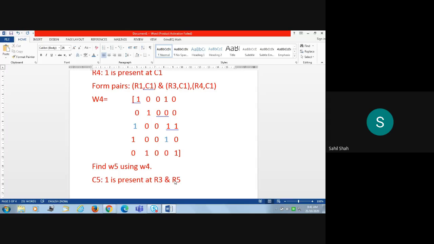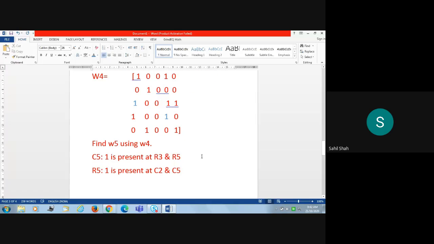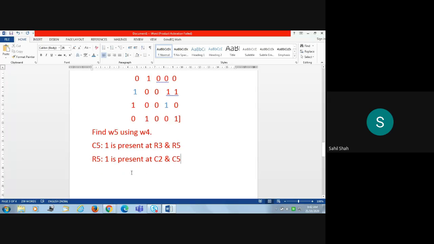And in row 5, one is present at C2 and C5. Clear? So which pairs will be formed?